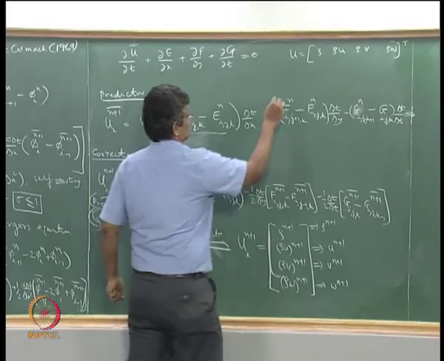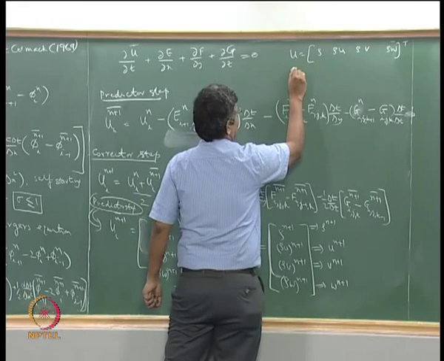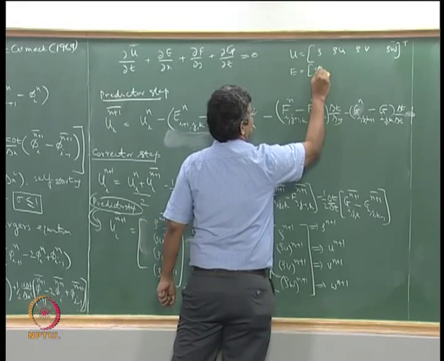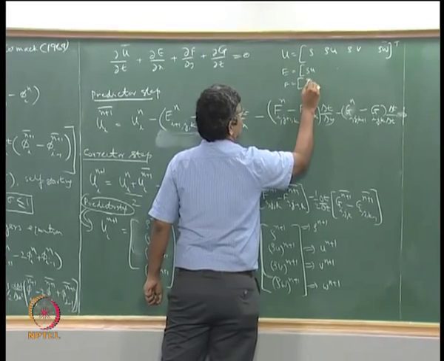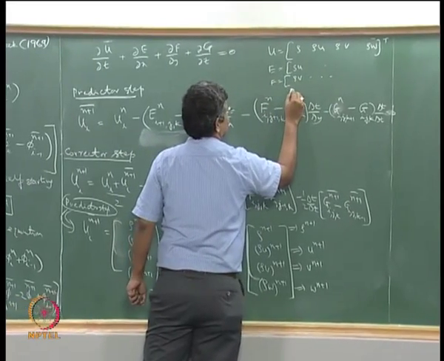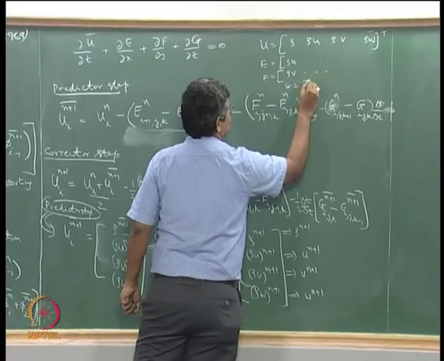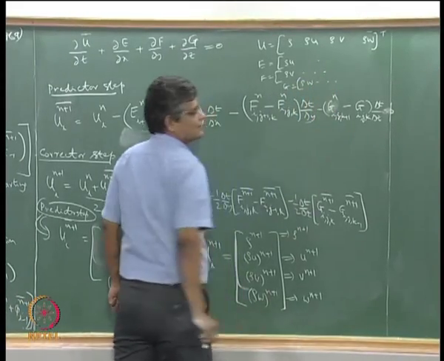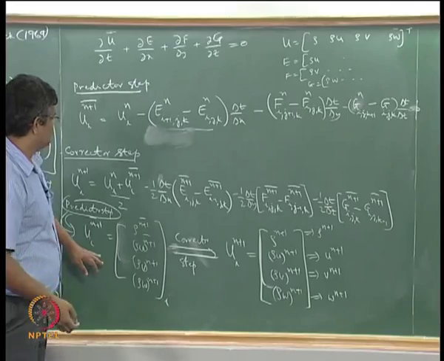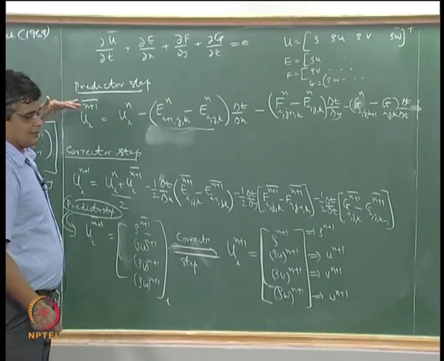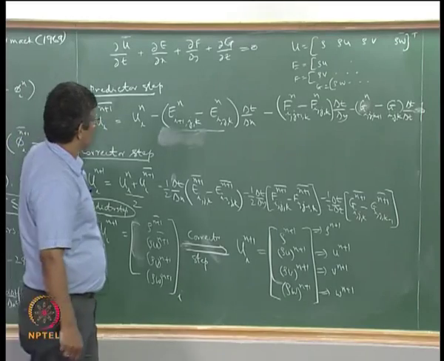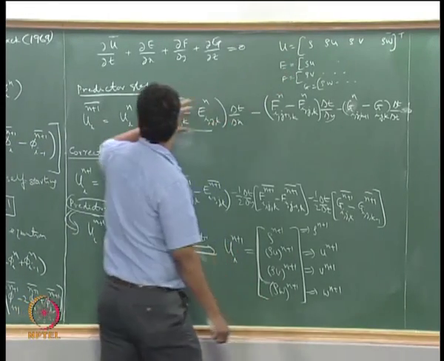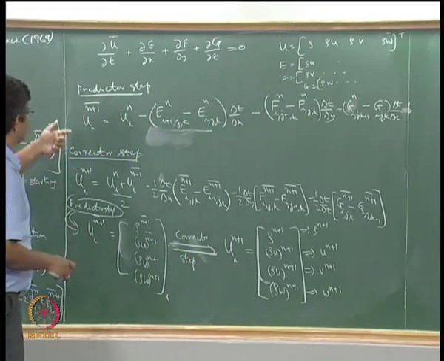Okay, for example, E will have rho u and F will have rho v, and G will have rho w like this. Okay, so the first thing that we do in the predictor step is to solve the continuity equation as per this. Okay, so let us just write it down.